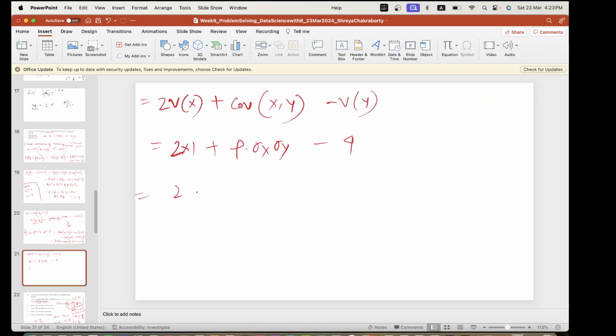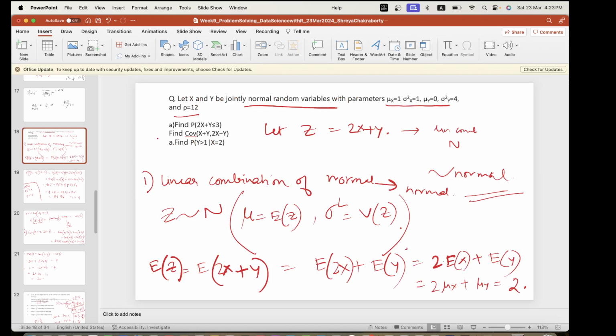So 2 plus rho, 12 into 1 into 2, minus 4. So this will be 2 plus 24 minus 4, that is 22. Is it okay? If you are given such composite things, you would be able to evaluate the expressions, right?